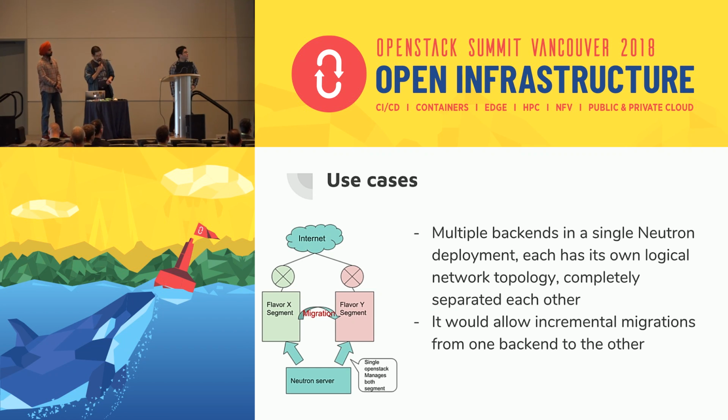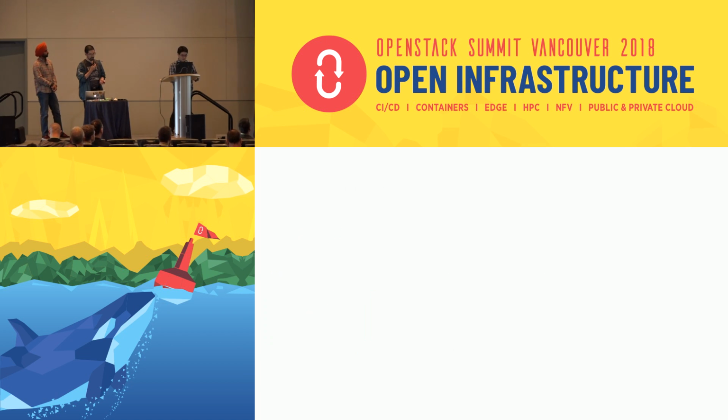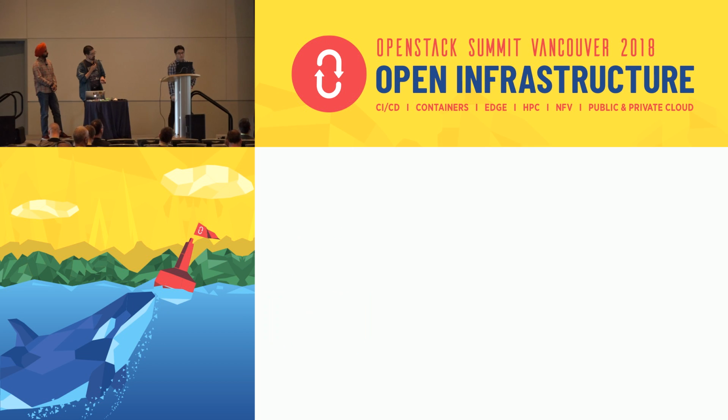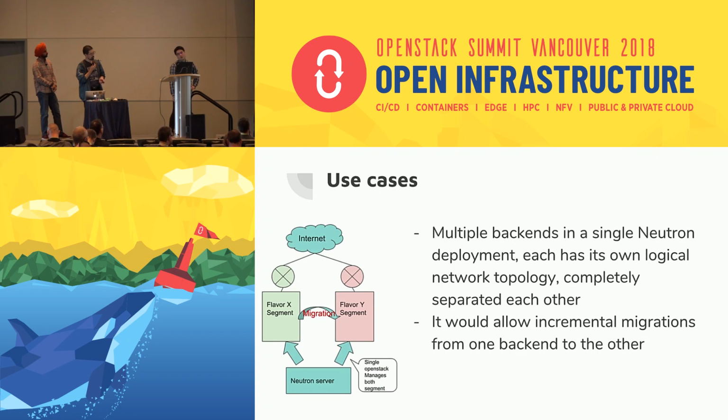Let me talk about use cases. We started from a very simple use case, that is having multiple backends in a single Neutron. Two backends have their own logical topology, and they are completely separated from each other, so no traffic between them.